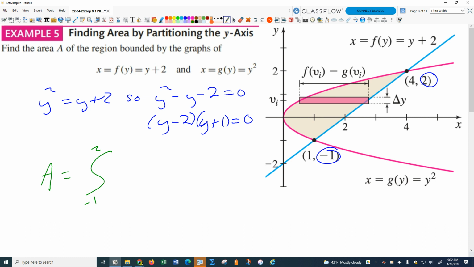Instead of going left to right, we're going bottom to top. And what minus what? There you go. Y plus 2 minus y squared dy. Big deal. Now we just flip into calculus mode. It doesn't matter that those are y's. We just do the integral. Okay?